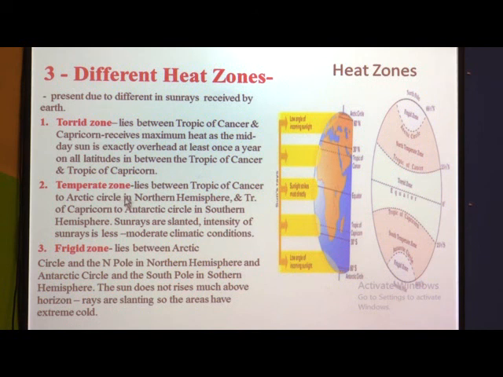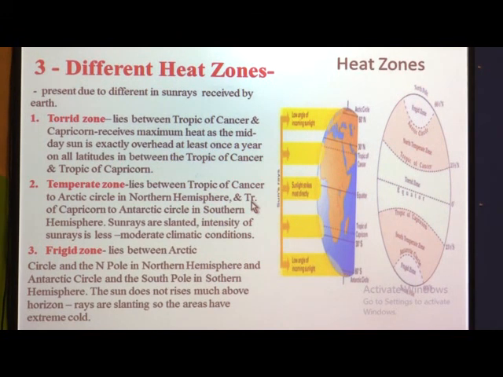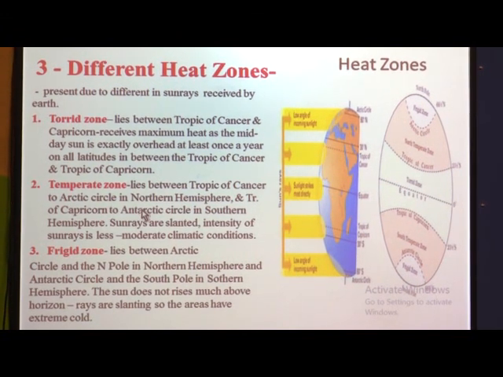So again, the temperate zone lies between the Tropic of Cancer and the Arctic Circle in the northern hemisphere, and between the Tropic of Capricorn and the Antarctic Circle in the southern hemisphere.